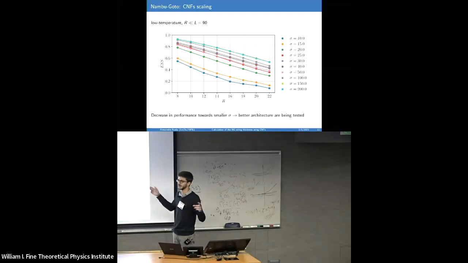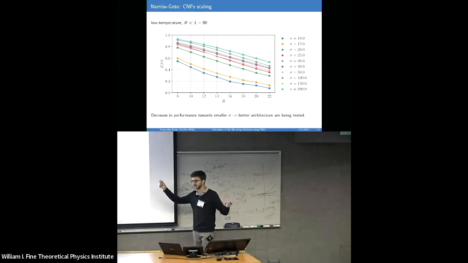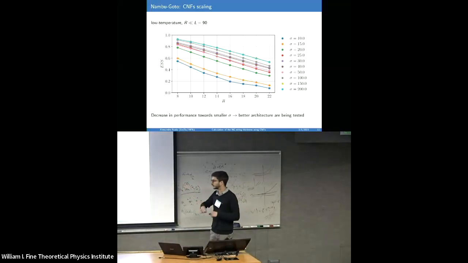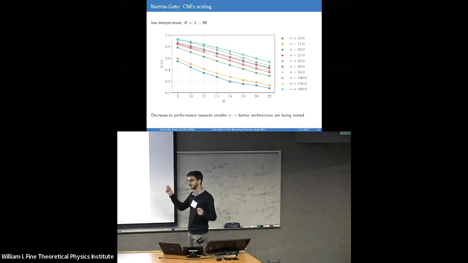Essentially, the correlation length is getting bigger and bigger, so the neural network has to understand how to connect points which are further away in space.